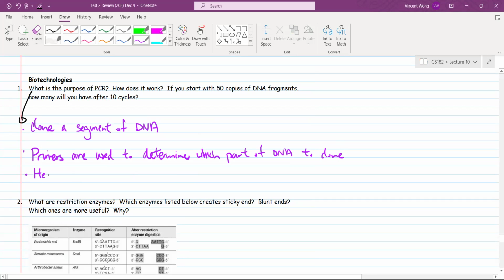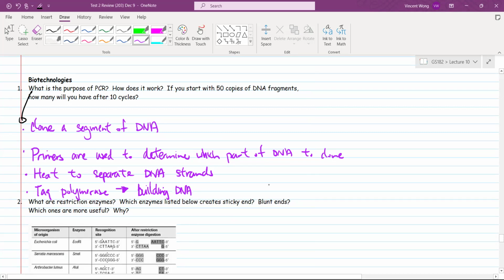And we use heat to separate the DNA strands. Instead of helicase, we use heat. And then we also have this thing called Taq polymerase, which is for the actual cloning, building DNA.